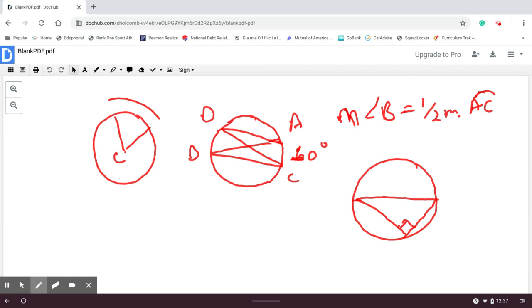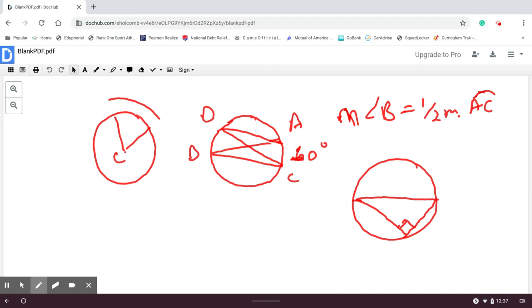Okay, so you can almost see some of the math problems that will come up because of that. So anytime you've got an angle inscribed in a semicircle, that angle will be a right angle.